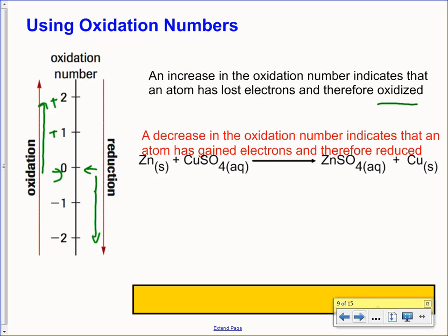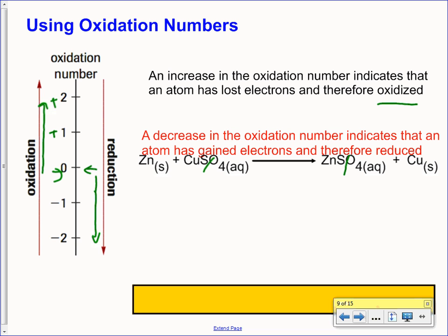So in the following example with zinc and copper sulfate, without going through all of the steps before and determining the total ionic equation and net ionic equation, basically our spectator ion is going to be the sulfate ions.